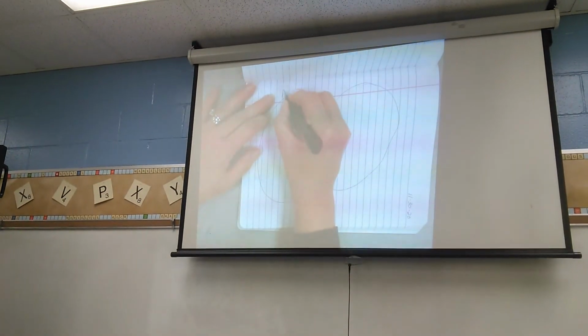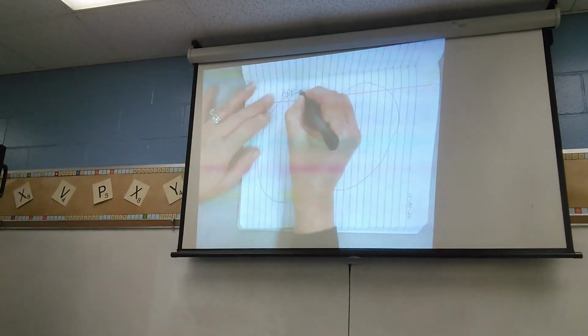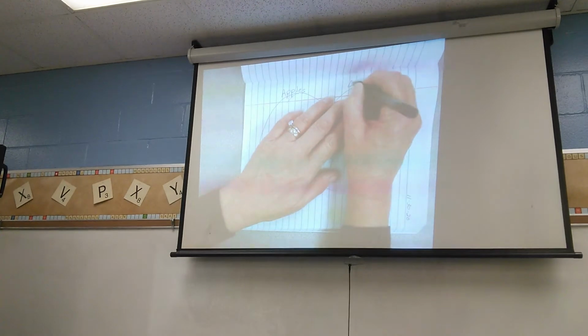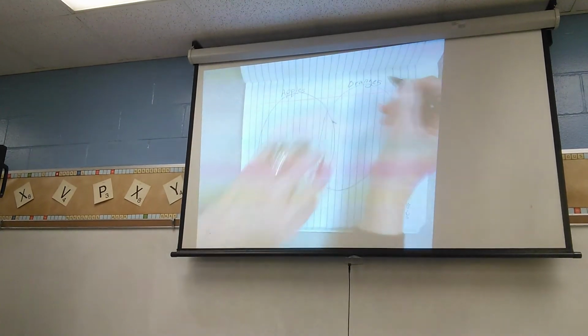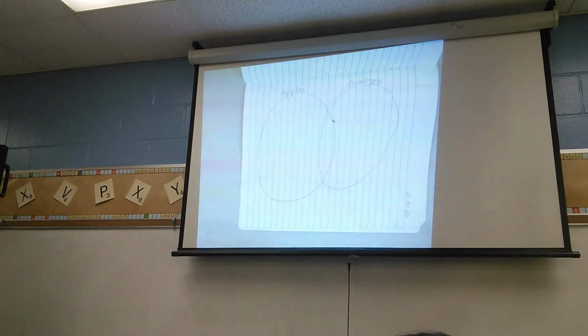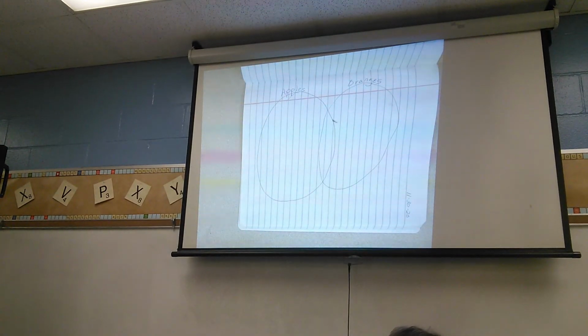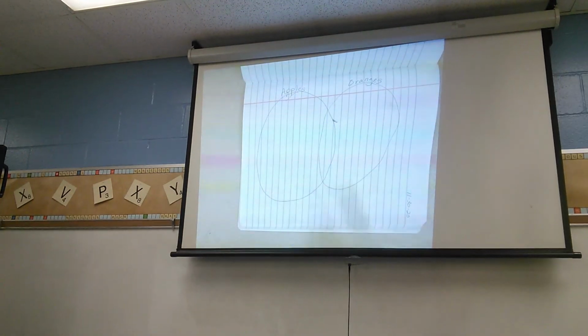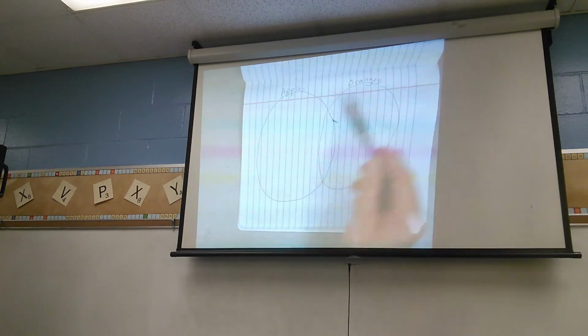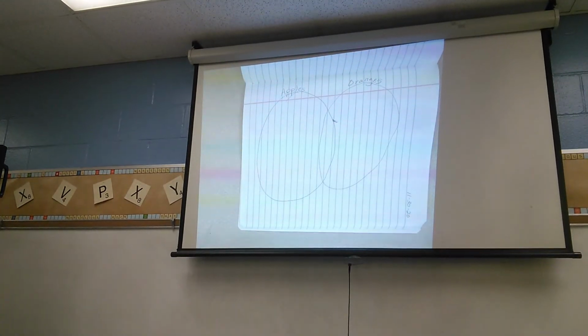So the next step would be to write apples, oranges. So this circle is going to have the information about the apples, and this circle is going to have the information about the oranges.